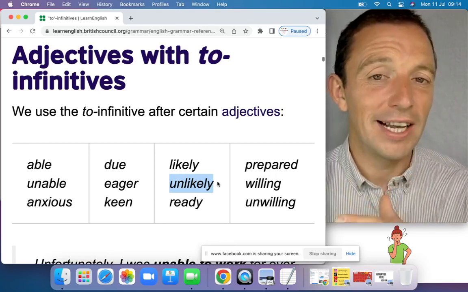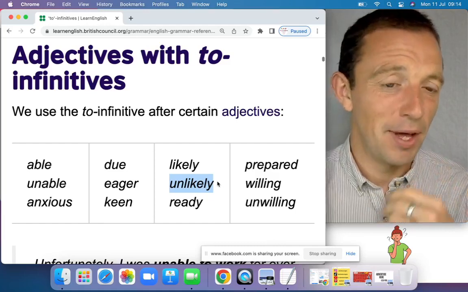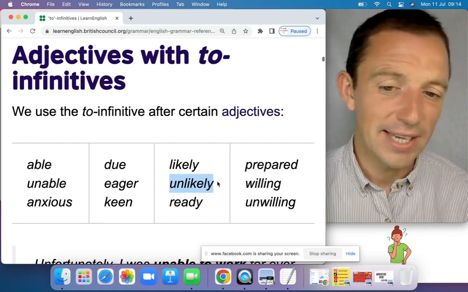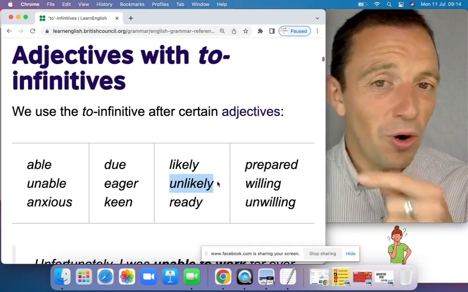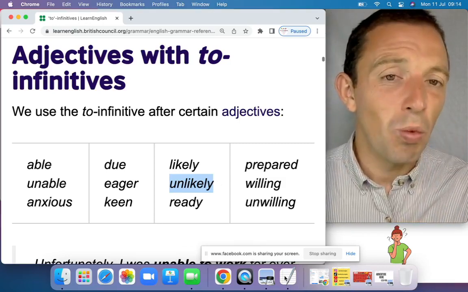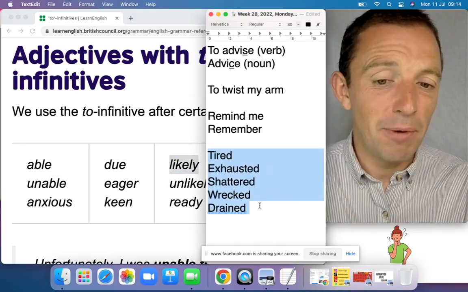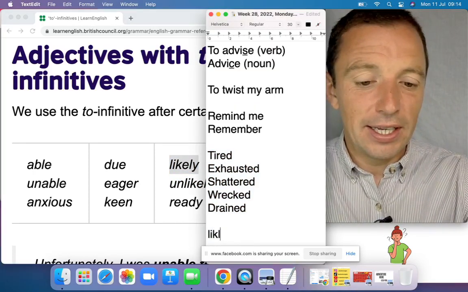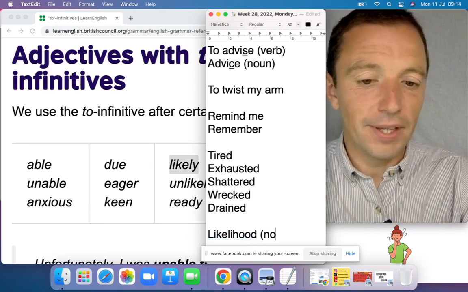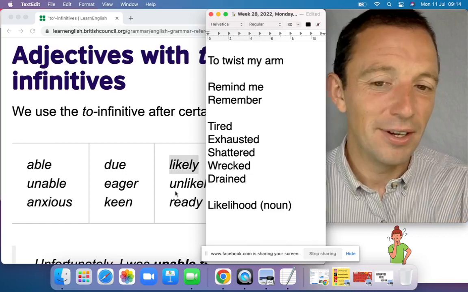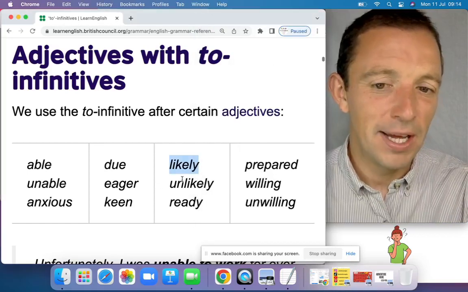You are unlikely to fail your exam. You are unlikely to have difficulties, etc. Very important here is the noun form. What is the noun form of likely? Remember, likely is probable, but likelihood is the noun. Okay, so the likelihood of rain, that's the noun form.